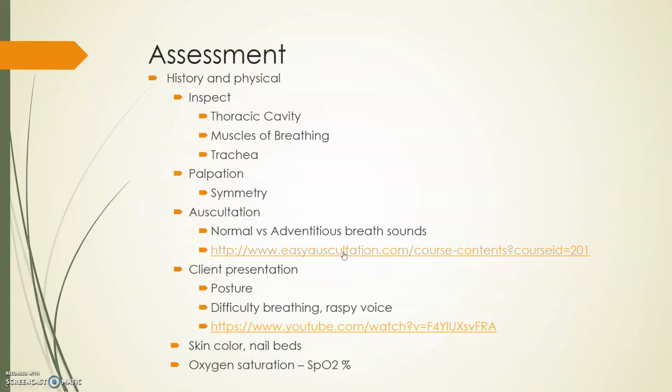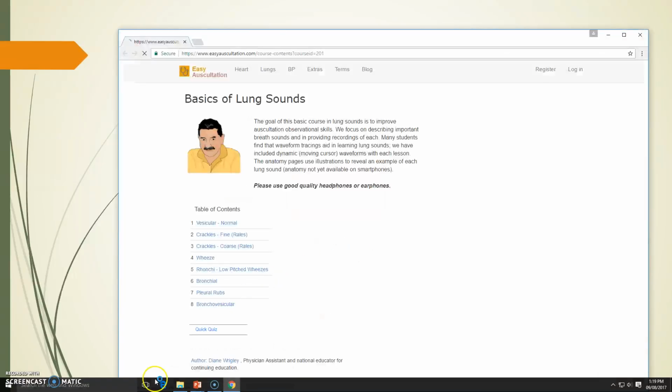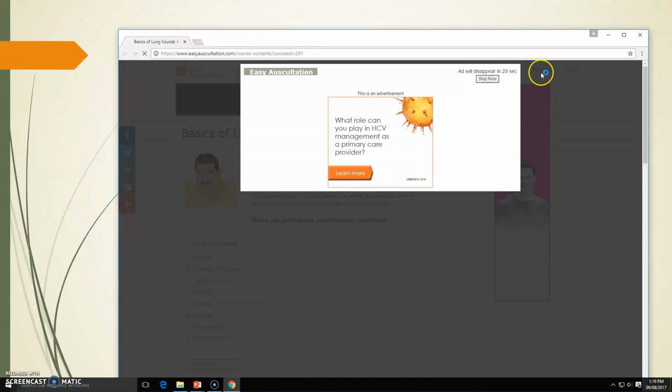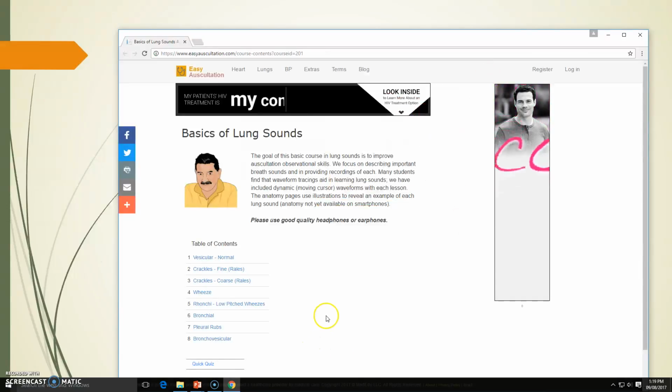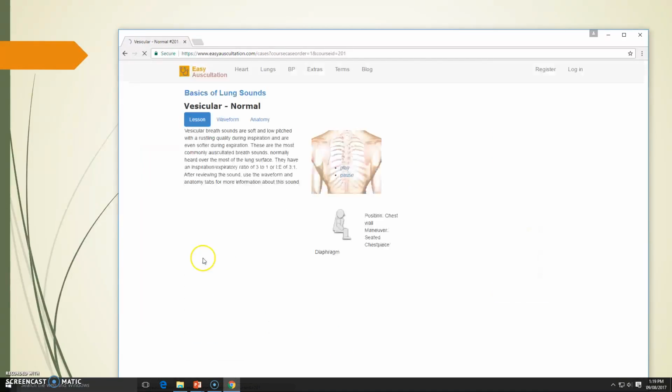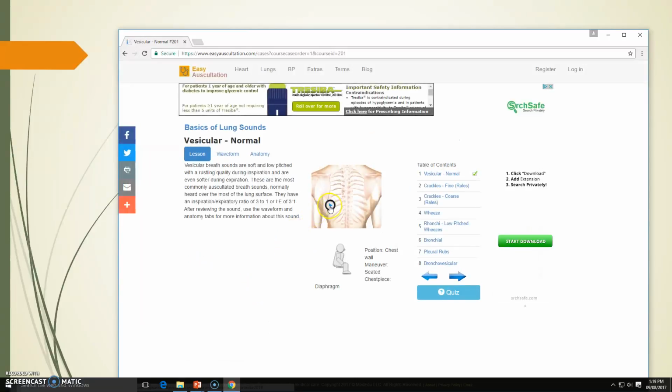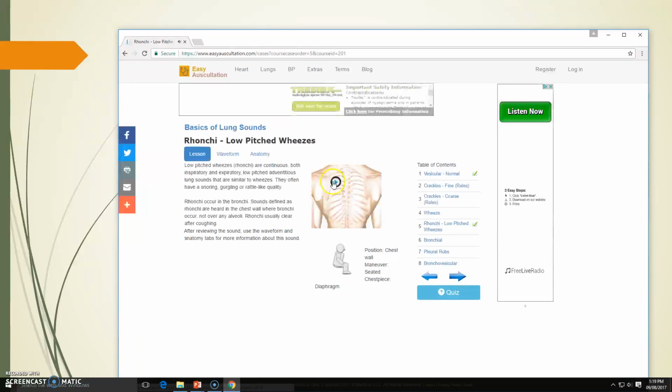Let's look at this easy auscultation real quick. Alright, so we want the vesicular or normal breath sounds. Okay, very easy, very clear, in and out. Then these adventitious breath sounds, I'll just click on rhonchi, for instance.